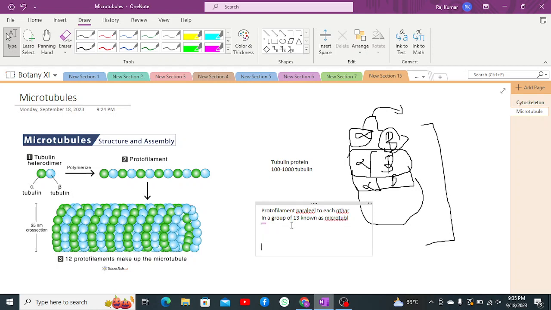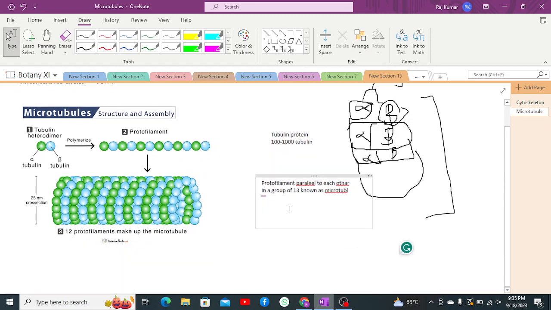Now microtubules are present in both animal and plant cells. The diameter of microtubules is around 25 nanometers, or we can also call it 250 angstrom.